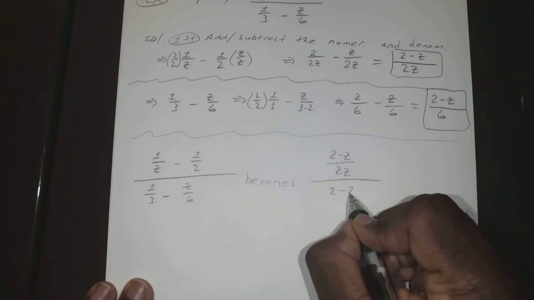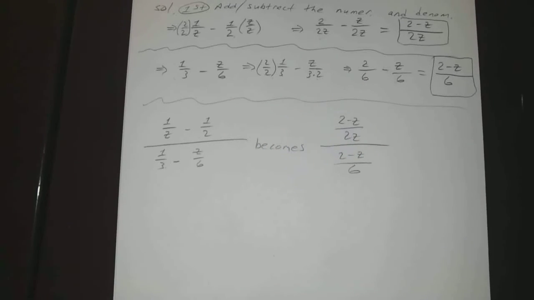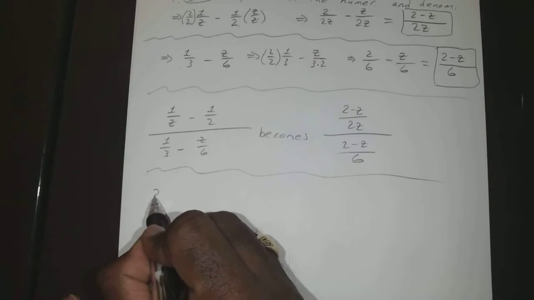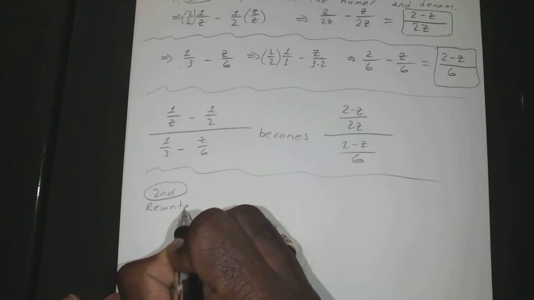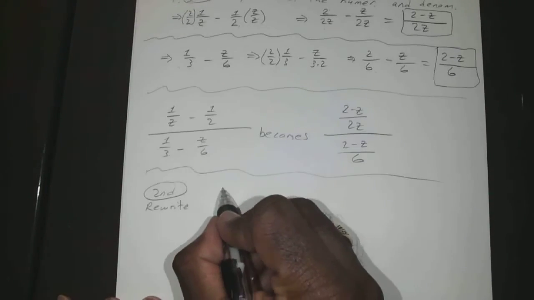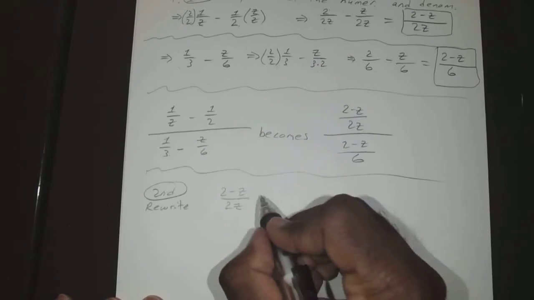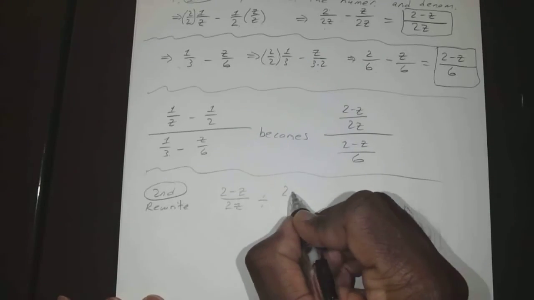That's 2 minus z over 6. Okay, so now we just go ahead and rewrite it. Okay, so our second step, we're going to rewrite it. So you have 2 minus z over 2z divided by 2 minus z over 6.